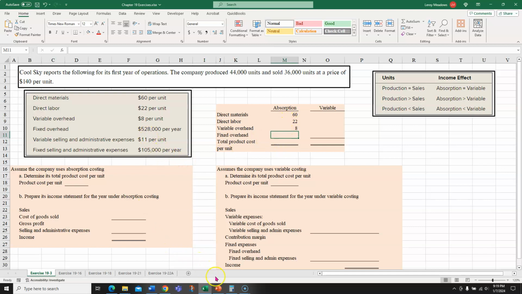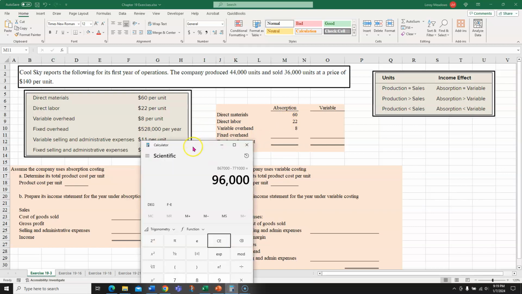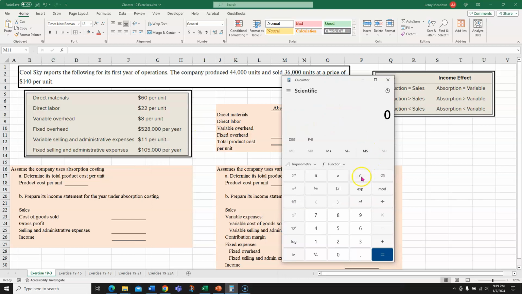What I'm going to do is take that $528,000 and divide that, or spread it out, over the number of units produced, not the number of units sold, the number of units produced. And we're told here the company produced 44,000 units. So I'm going to spread that $528,000 over 44,000 units produced.